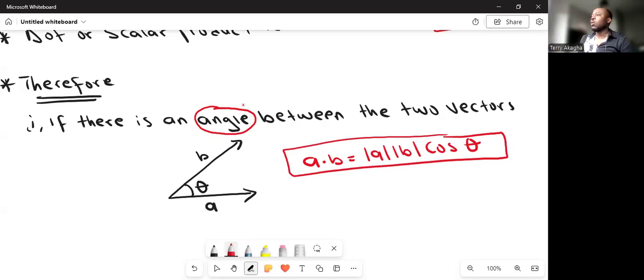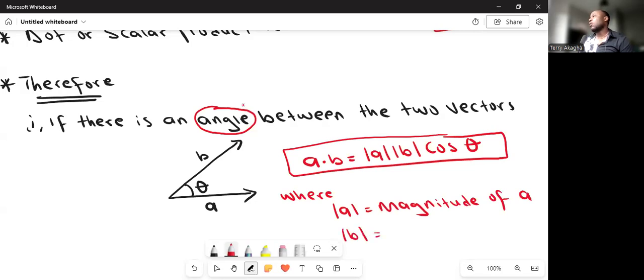So this is equal to the magnitude of A, while this sign here refers to the magnitude of B. If you've not watched the video of how to find magnitude, please, this is a good time to go back and have a look.